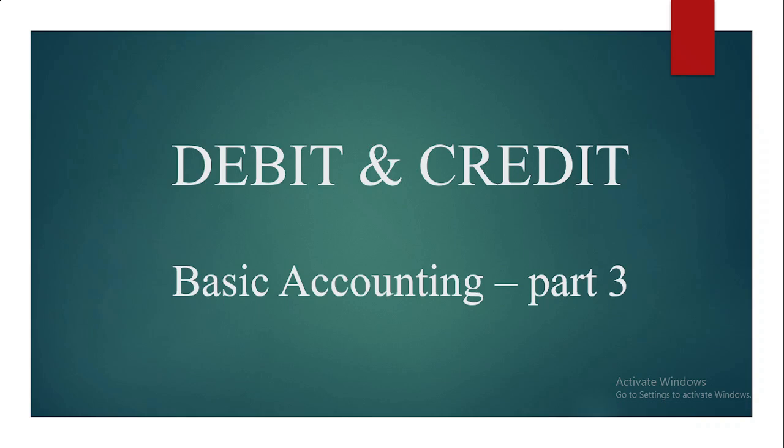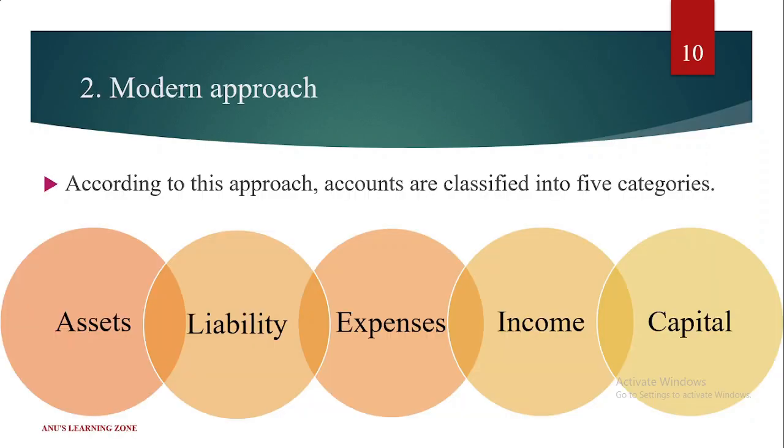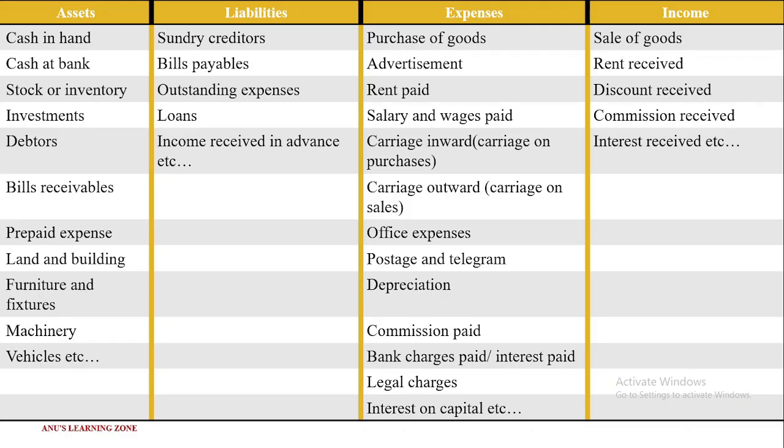According to this approach, the rules are based on 5 categories, that is asset, liability, expense, income and capital. These are some of the examples of each category. It is better to study these examples because these are the usual items that come under assets, liabilities, expense and income.